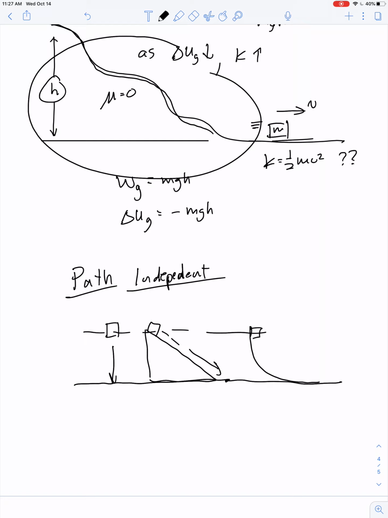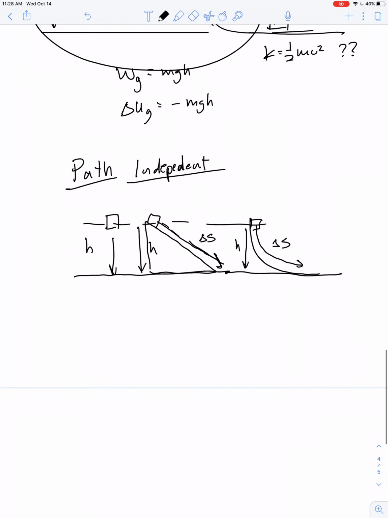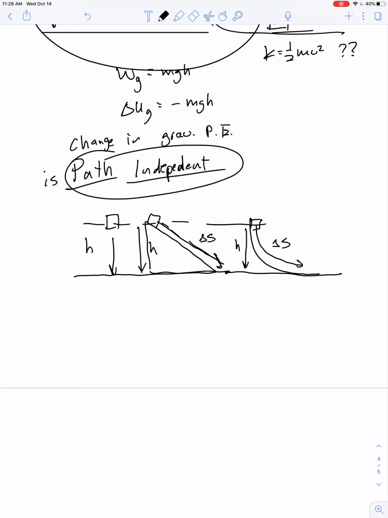If the displacement vertically is always h, even if the actual path is something other than h, right? All that matters is the amount of vertical displacement. And in every one of these cases, the vertical displacement, h, is the same. So change in gravitational potential energy is path independent.